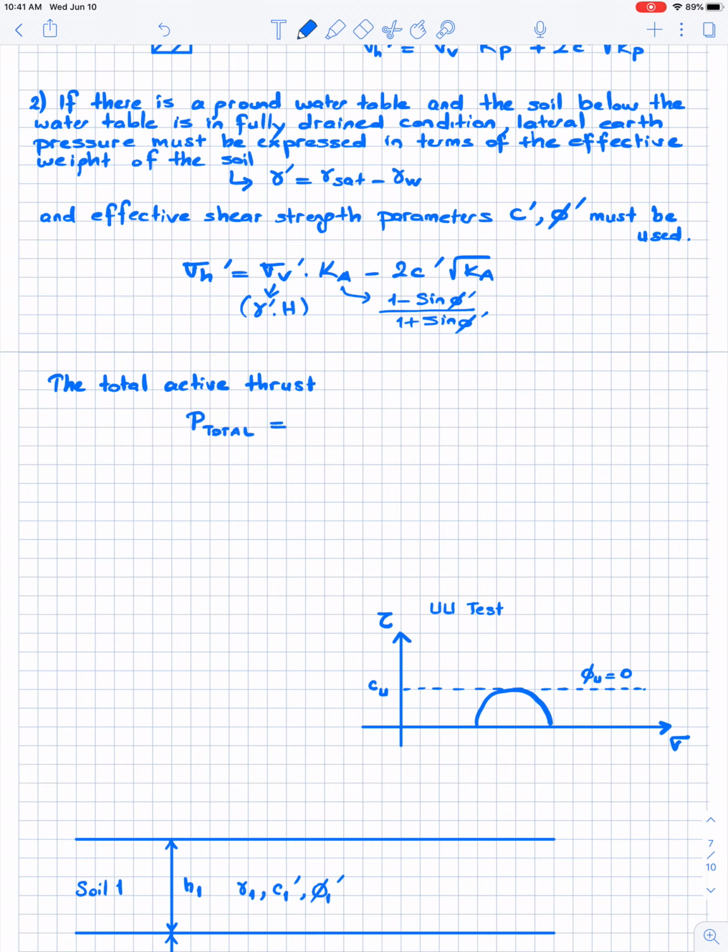I'll be having PA, and we are going to be using effective parameters plus the hydrostatic pressure. Please note that while calculating PA, I'll be using sigma H prime, and this is the hydrostatic water pressure.